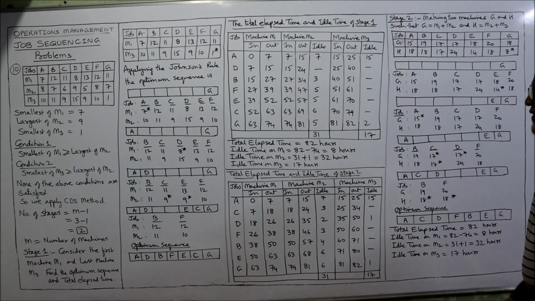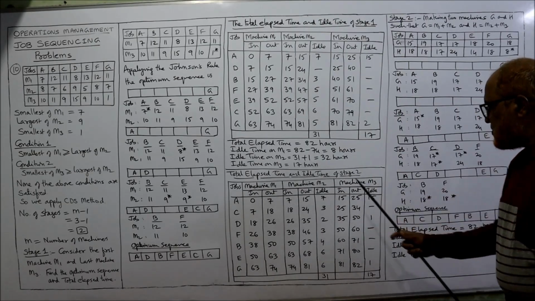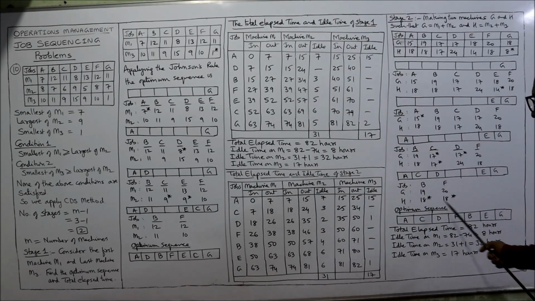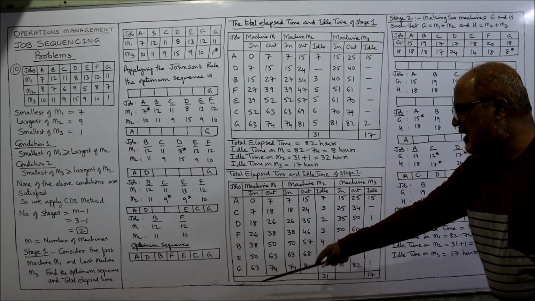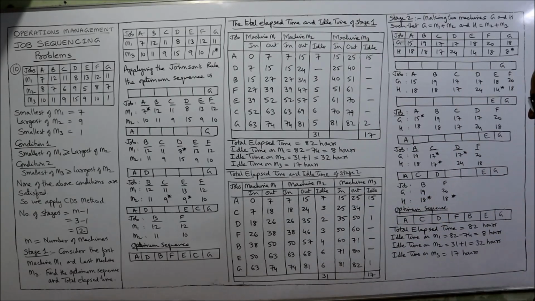Now again we have to find out the total elapsed time and idle time for this second stage sequence. Jobs are A, C, D, F, B, E, G. Right? Now again, similar calculations you have to make.